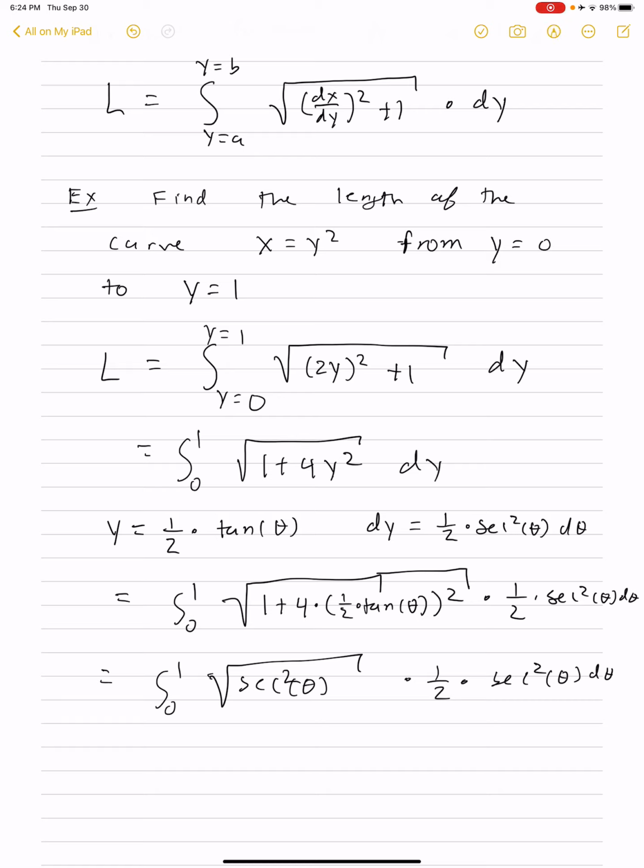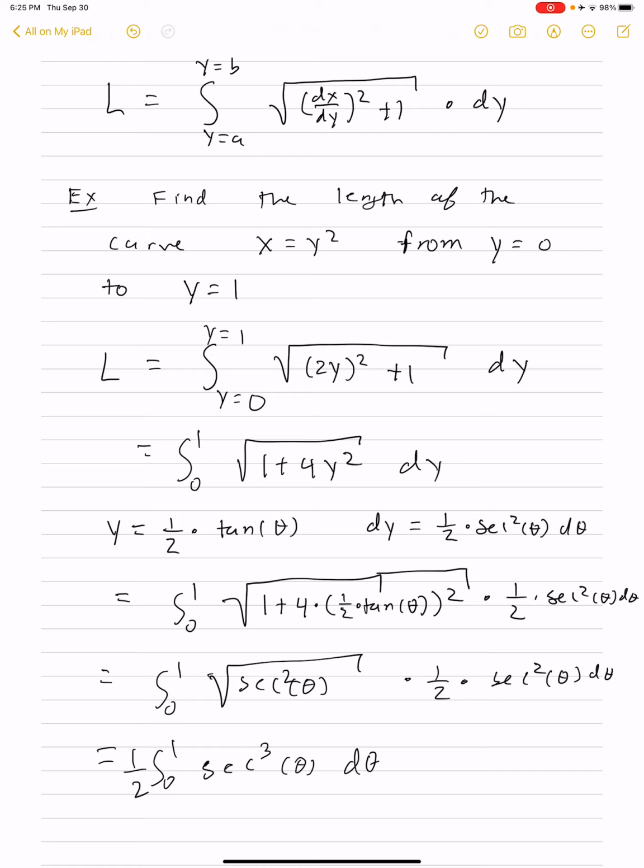Now this becomes this integral, and I pull out the 1/2, and we're going to get 1/2 times secant cubed of theta d theta. Now we have to ask ourselves, how do we integrate this?